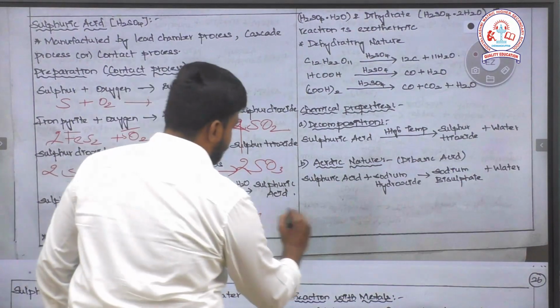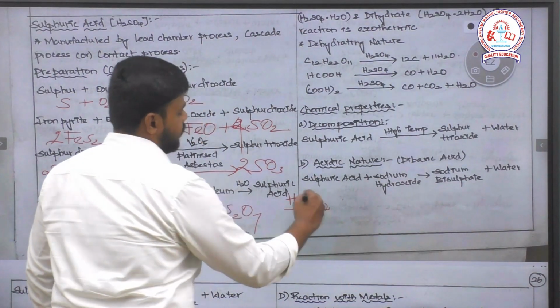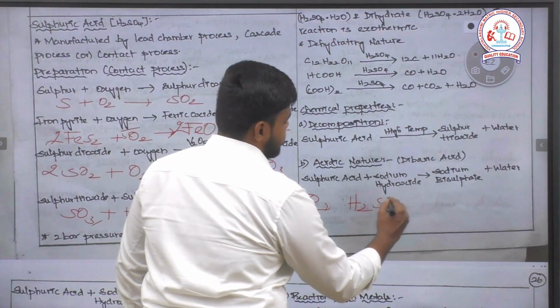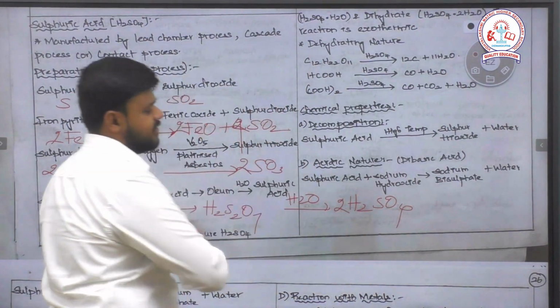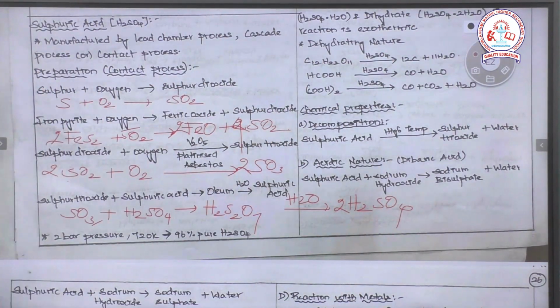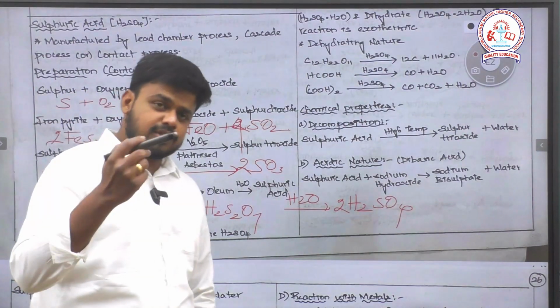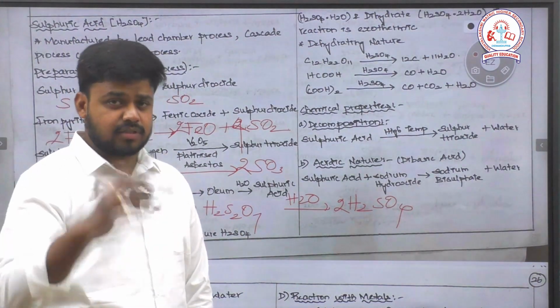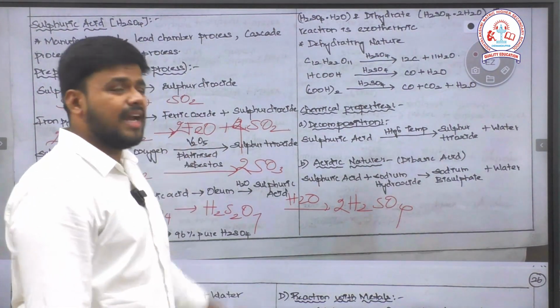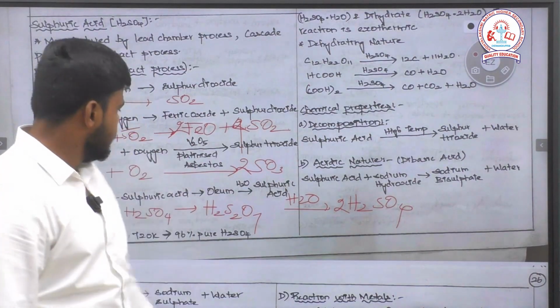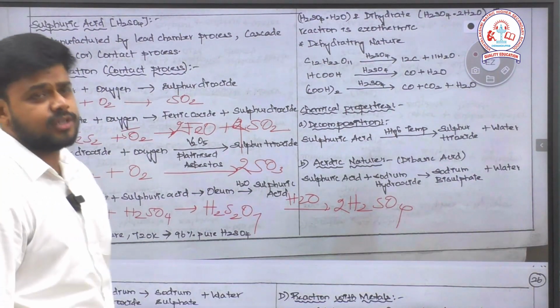See, this oleum that has been formed will be treated with the water molecule further to form sulfuric acid, H2SO4. So you'll be getting 2 moles of H2SO4. Equation is completely balanced here. See, initially sulfur is oxidized to sulfur dioxide, which is oxidized to sulfur trioxide with the help of the vanadium pentoxide or platinized asbestos, and followed by it is treated with the sulfuric acid to prepare oleum.